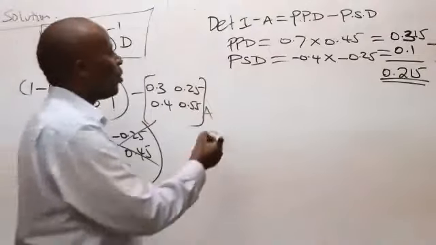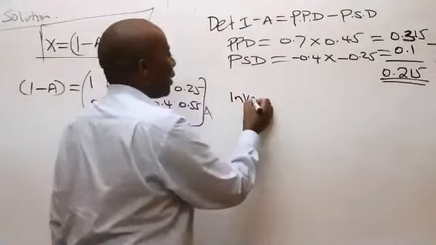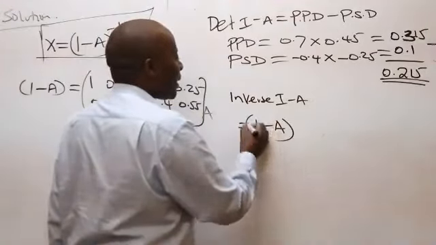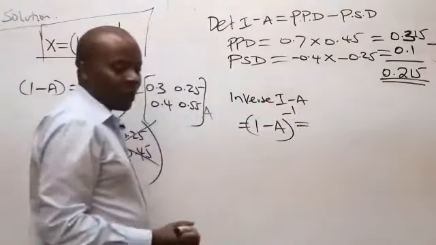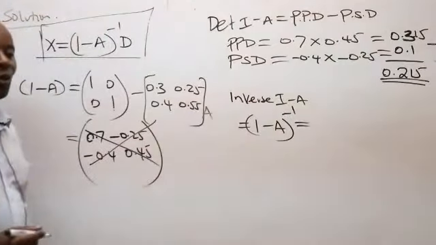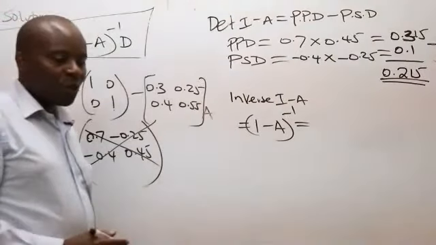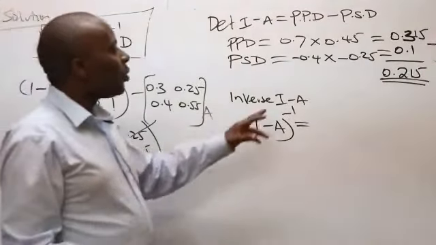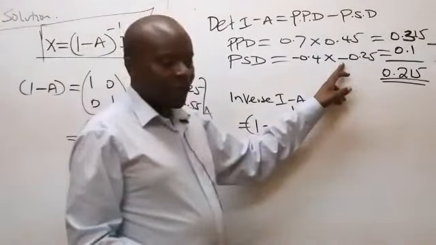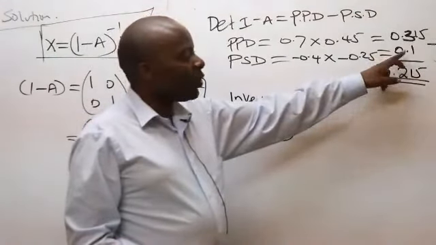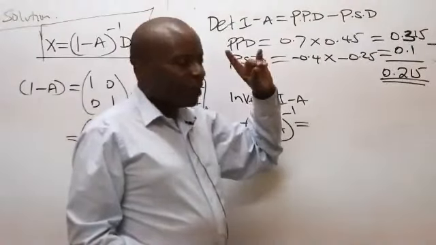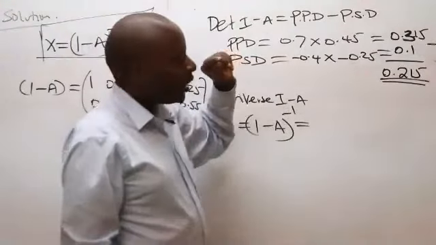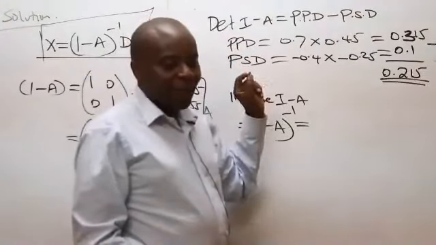And therefore, the determinant of I minus A, which is written like this, will be equal to who? One user says it should be 0.415. That's wrong, look. You know, when you multiply these two negatives it becomes positive, so the answer of 0.1 should be positive. So when you take 0.315 as per the formula and subtract 0.1 out of it, it can't be 0.415. It will be 0.215.